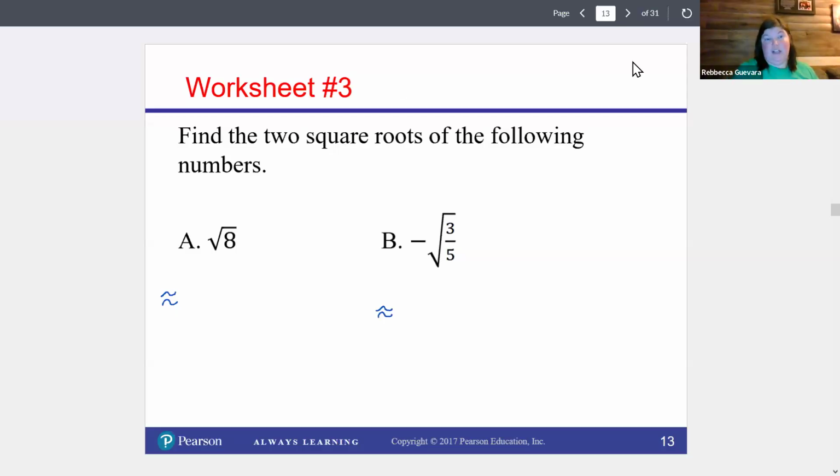Okay, so remember, we're not talking about simplifying. We could simplify like this one here. This one we can't simplify, but we can simplify square root of 8, because if you remember, that's just 4 times 2, which is just the square root of 4 times the square root of 2, which is just 2 square root of 2. So this would be my exact simplified answer.